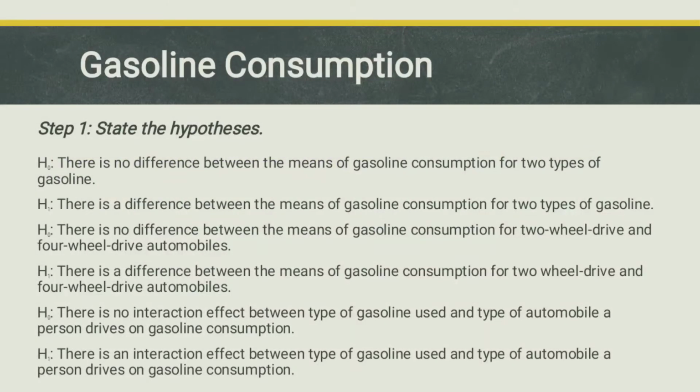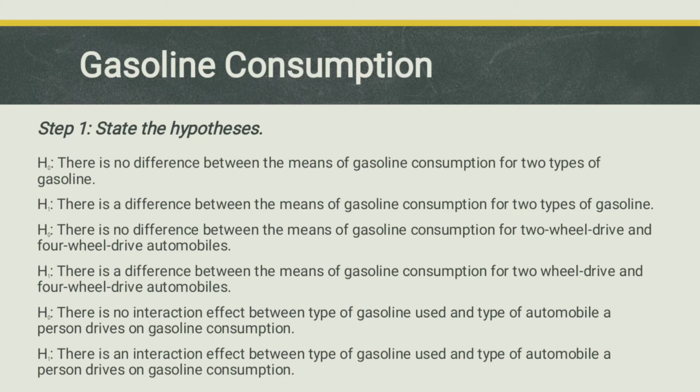Step 1, state the hypothesis. For the gasoline type, the null hypothesis states that there is no difference between the means of gasoline consumption for two types of gasoline. The alternative hypothesis states that there is a difference between the means of gasoline consumption for two types of gasoline. For the types of automobile driven, the null hypothesis states that there is no difference between the means of gasoline consumption for two-wheel drive and four-wheel drive automobiles.